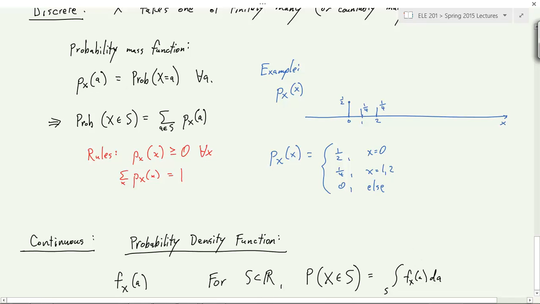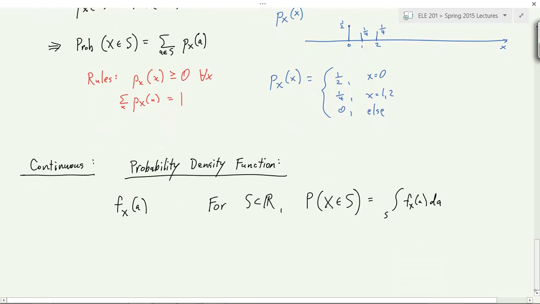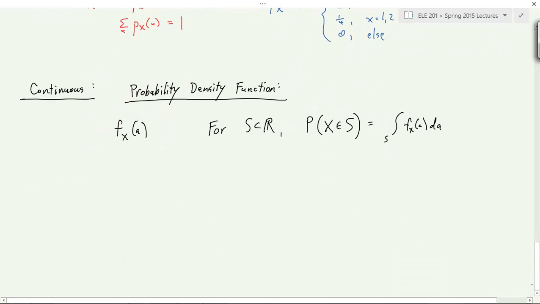In the probability mass function, you had a very simple definition for what value it took: the probability that outcome occurred. But there's no such equivalent for continuous because the probability of any outcome is 0. So you just have to stick with this understanding: the probability of being in a set is the integral over that set. Let me give a couple of examples here.